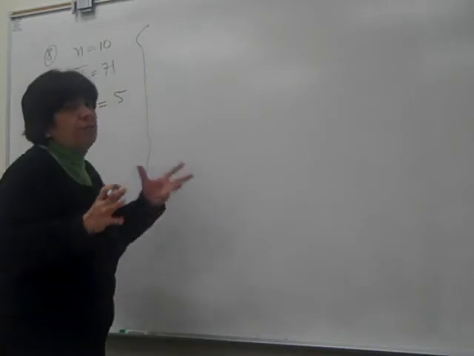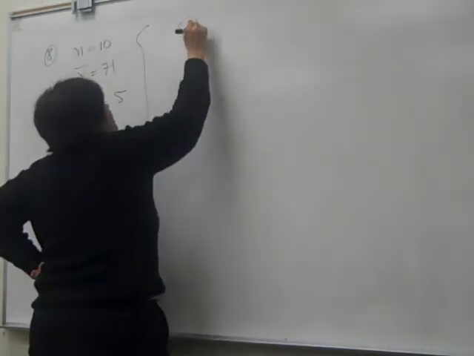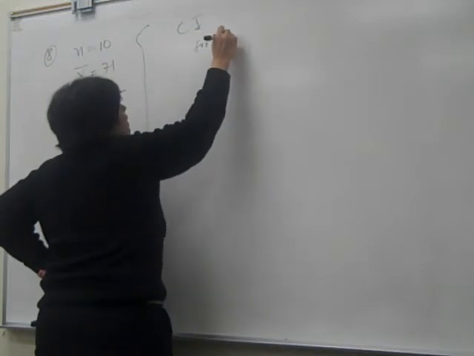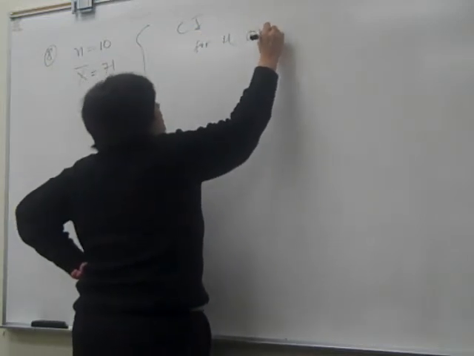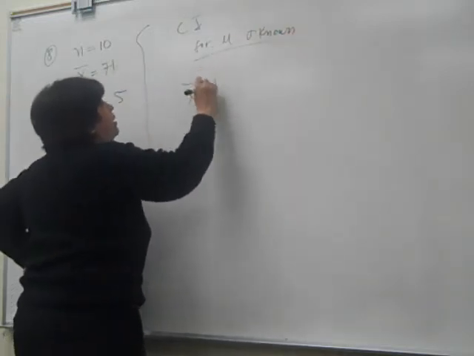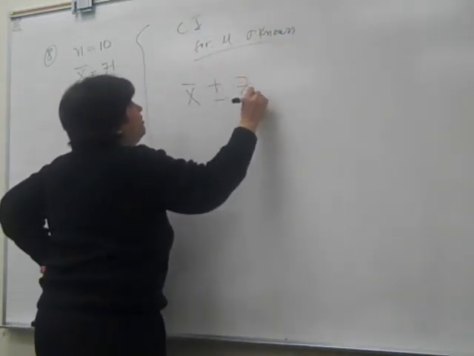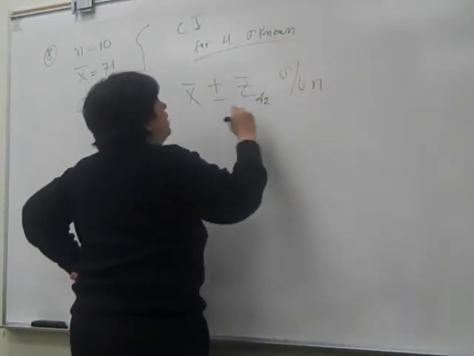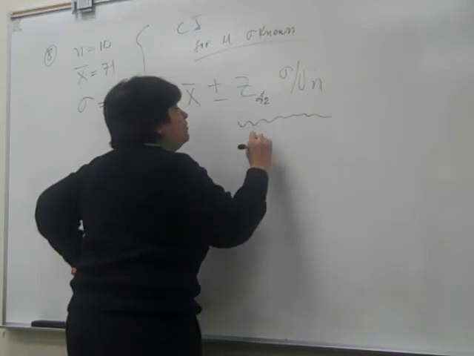Let me explain first what the margin of error is. In a confidence interval, let's say for mu, when sigma is known, we have the formula x bar plus or minus z of alpha divided by 2 times sigma over square root of n. Well, this is the margin of error.